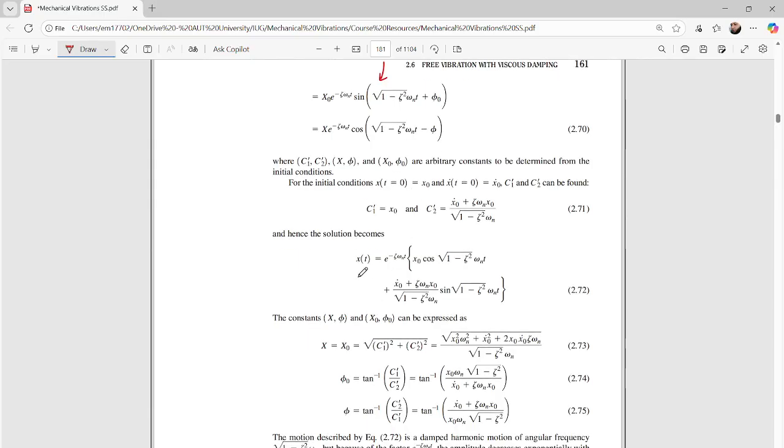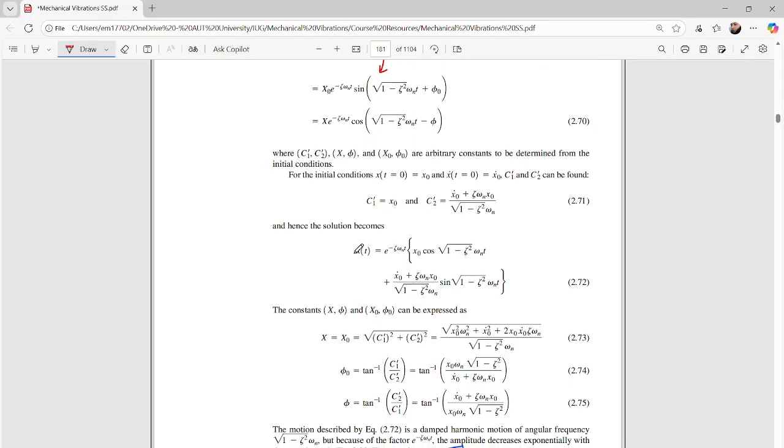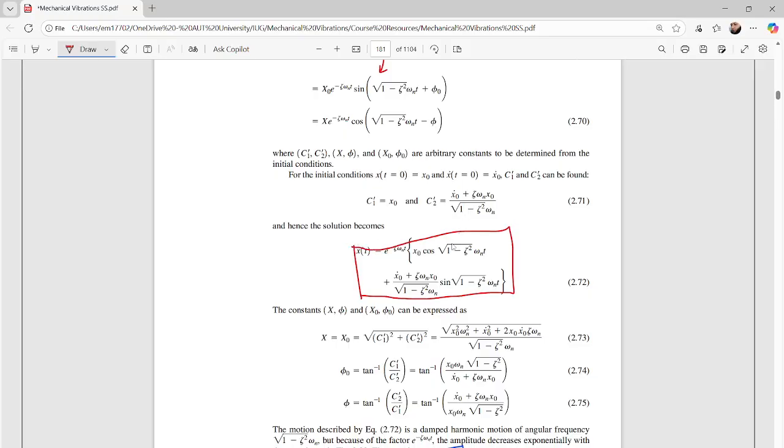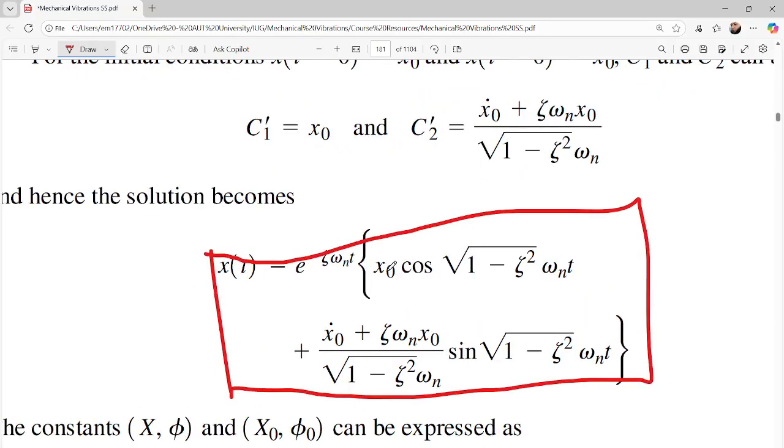This one has the final solution. You have all of these values: you know x naught, you know the damping coefficient, you know the natural frequency, you know the damped natural frequency. So you can substitute all of these values. You know the value of x dot of 0, that's the velocity in the beginning.